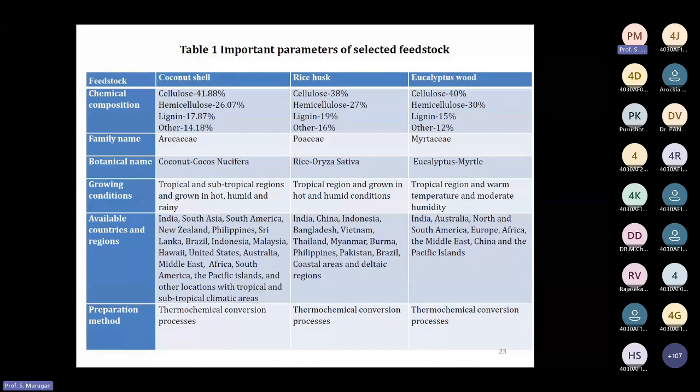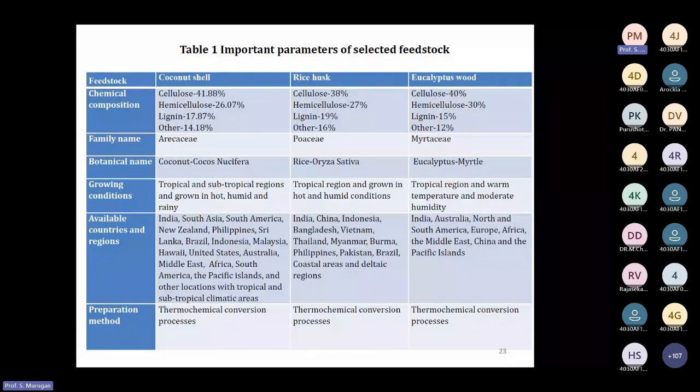For instance, if you take coconut shell, the chemical composition is given in cellulose, hemicellulose, lignin, and other contents. Cellulose accounts for 41 percentage, hemicellulose accounts for 26 percentage, lignin accounts for 17 percentage, and the remaining goes to 14 percentage.